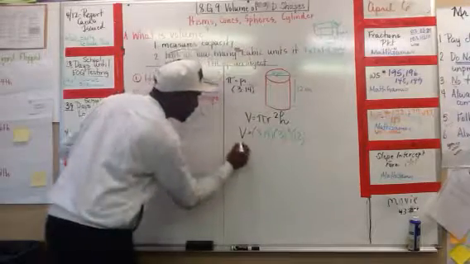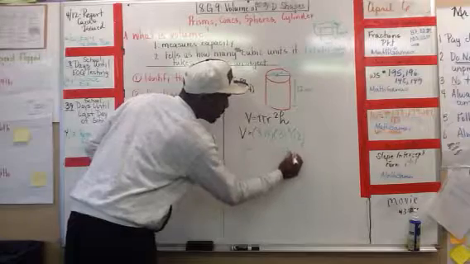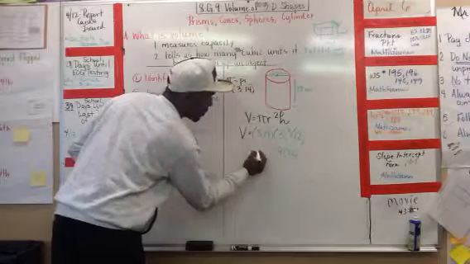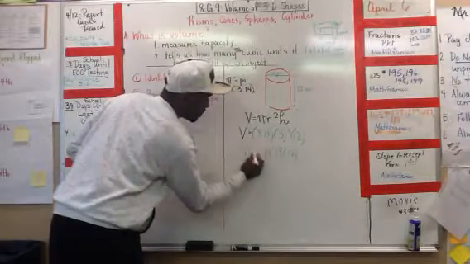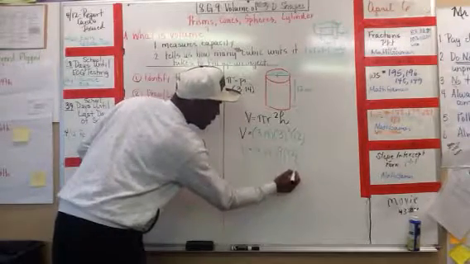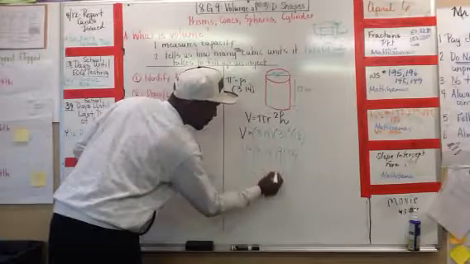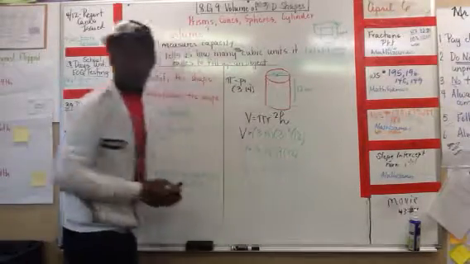Now you just evaluate. V equals 3 squared is 9 times 12 times 3.14. Okay? 9 times 12 is 108 times 3.14. I'll punch that in my handy dandy calculator.